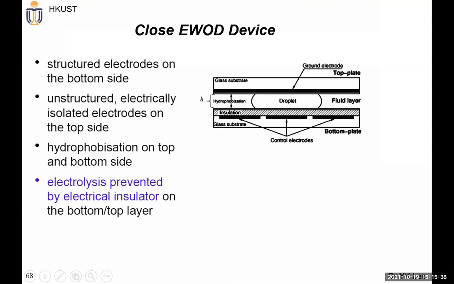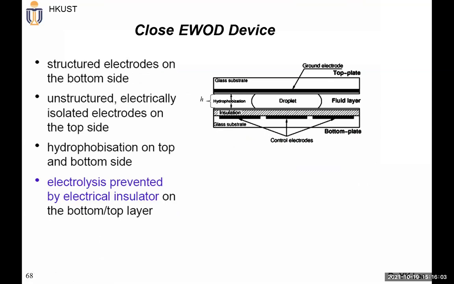Of course, there's another branch, a 2-layer, 2-side closed electrowetting device. In this case, both sides have electrodes. Basically we structure or pattern the electrode on the bottom side, and not on the top side. Do you understand?